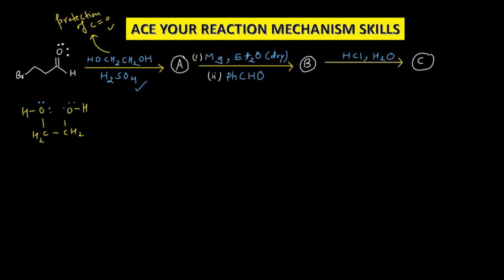When you don't have knowledge of the lone pairs present on the different kinds of atoms, then you won't be able to draw the correct mechanism of any reaction. And from the basics of inorganic chemistry, you are aware that oxygen always has two lone pairs on it when it is in the neutral state. So here this group is neutral, so two lone pairs are present on the oxygen atoms of the glycol as well as on the oxygen of the carbonyl group.